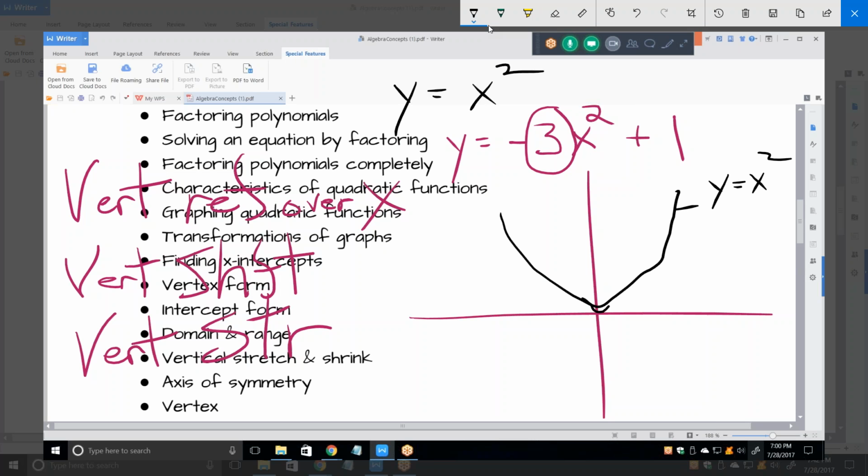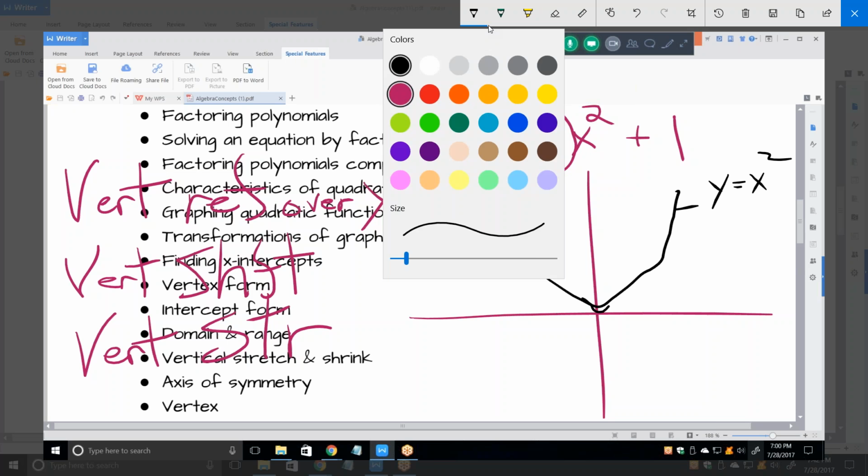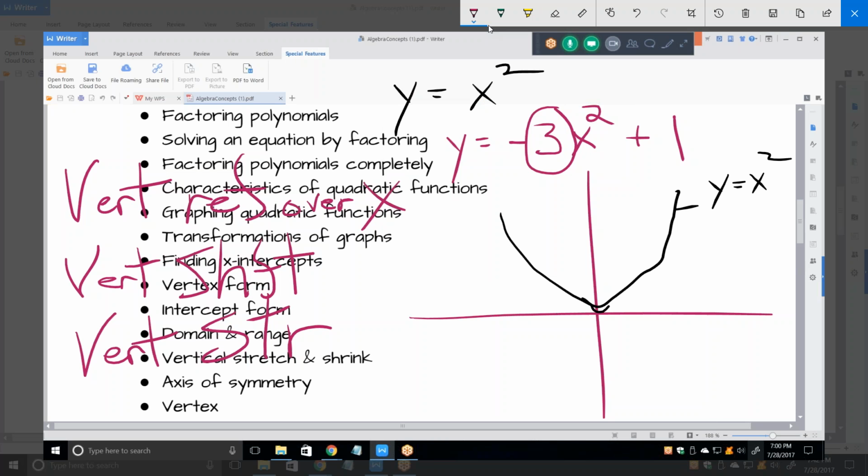Which should I do first of these 3 transformations? We've got a reflection over the x-axis, a vertical shift by +1, and a vertical stretch by a factor of 3. So which one do we do first? The reflection. Okay, let's just do them one at a time.